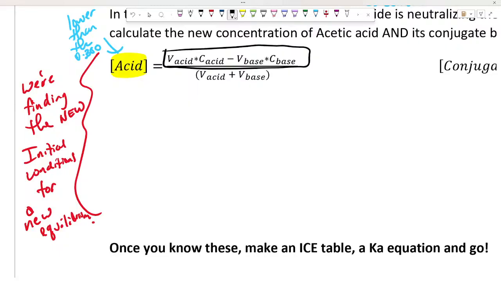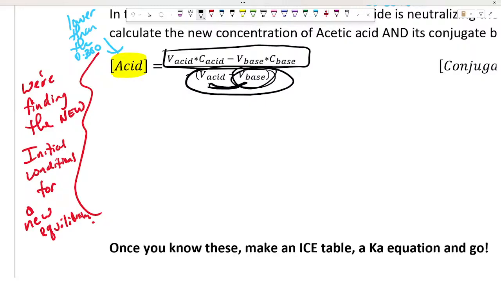Look here. What we're doing is taking the volume of the acid that we started with, multiplying by its concentration. That's going to tell us how many moles of acid we started with. We're subtracting from that the volume of the base times the concentration of the base we're adding. We're subtracting away how many moles of it got used up by OH minus. Does that make sense? But then we also have to divide by a new number because we've also just added a bunch of liquid.